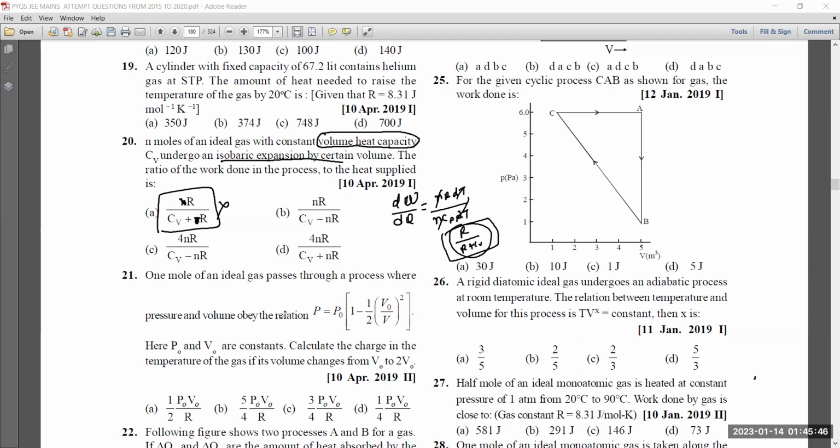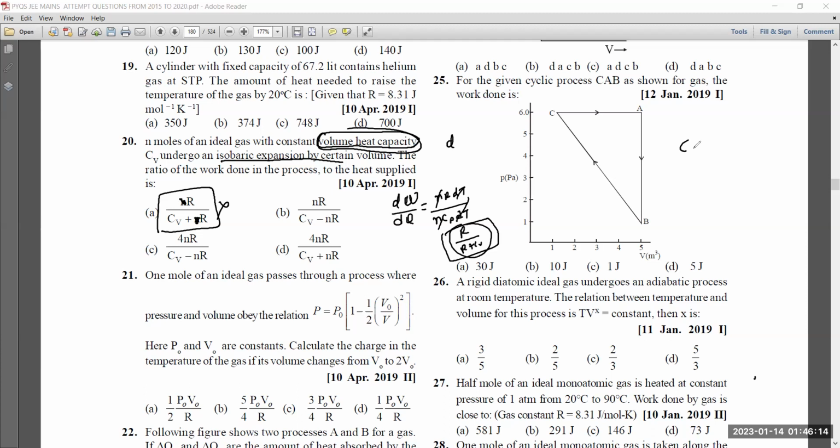Sir, in the above question, in the dQ formula, we write Cp as molar heat capacity, right? Yeah, that's why I'm confused with this. Is this molar or something else? No, in the question it is given as only volume heat capacity. So it should be Cv by N for the molar heat capacity. That's why I thought this is some typo, but anyway.